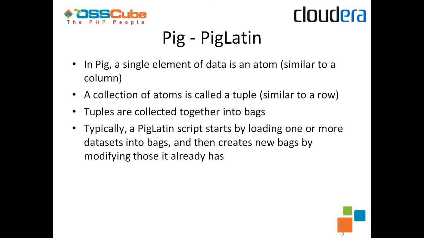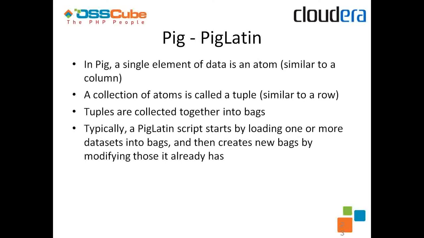So basically, the way a Pig script runs is you start your Pig script and you start loading your data set into bags. Then you can create new bags as you modify or refine your data set. This is how Pig Latin works in the data flow.